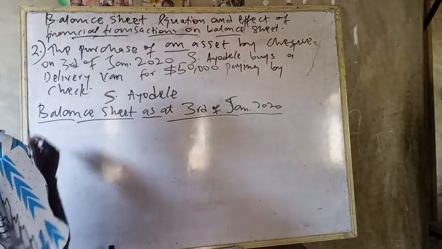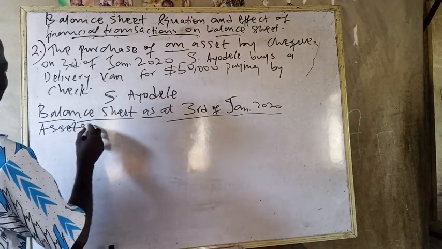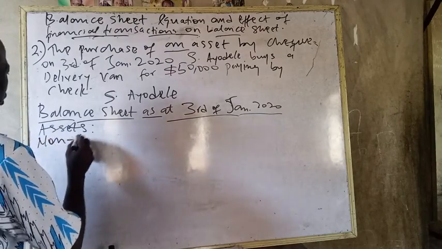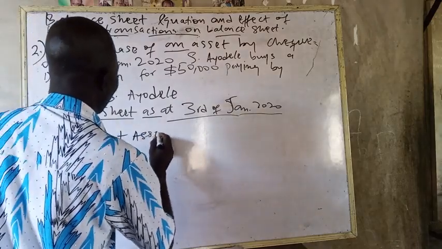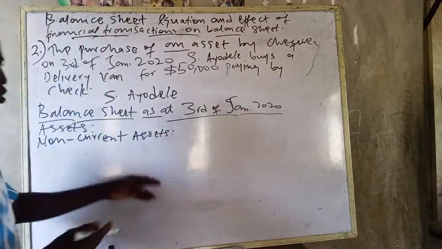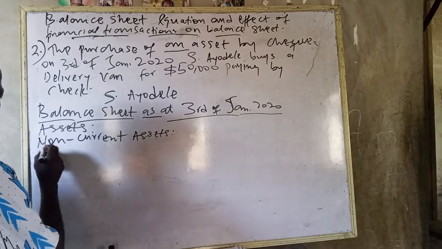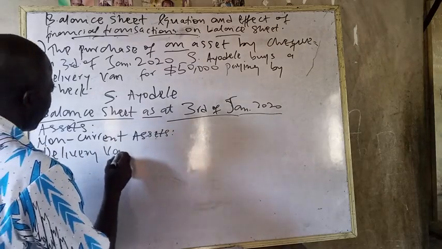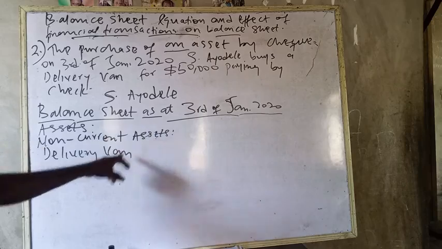We must start from assets, and we have non-current assets. What do you have under non-current assets here? We have a delivery van, because under assets we must start from non-current assets.